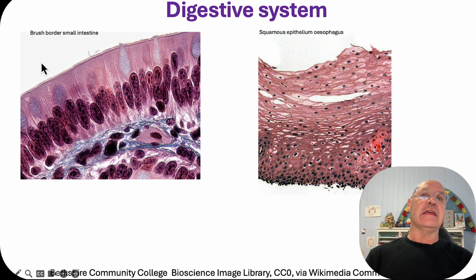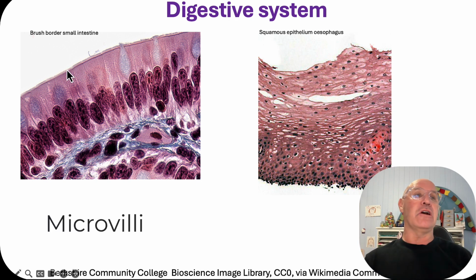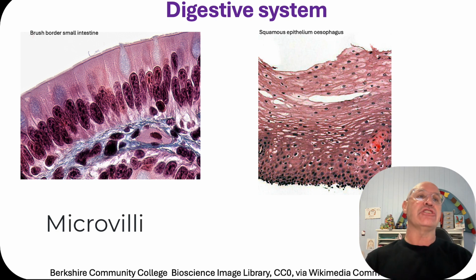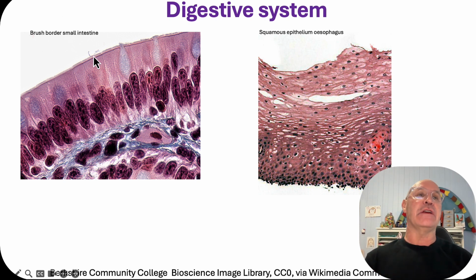Given that we're at the lining of the small intestine, we know that this is epithelial tissue, and we've got this brush border with microvilli, which are hair-like projections to increase surface area and to catch the nutrients as they go by. Underneath, we're going to have our loose connective tissue holding it together.